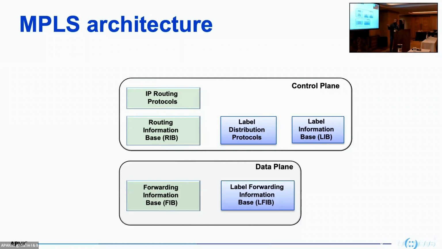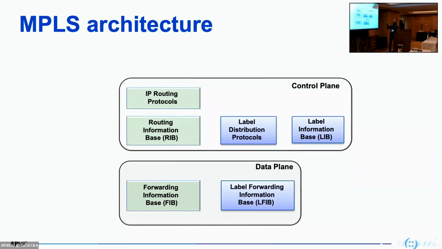The labels also need to be collected. That means there have to be other adjacencies, talking to the neighbor saying, hey, I have this label for this route. Can you store it? If you want to come to me, use that label so I'll understand what route you are talking about. That happens at the label distribution protocol level.